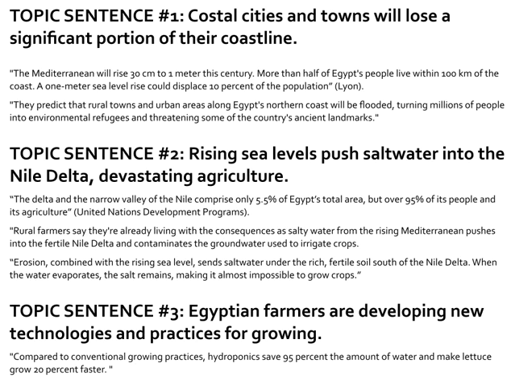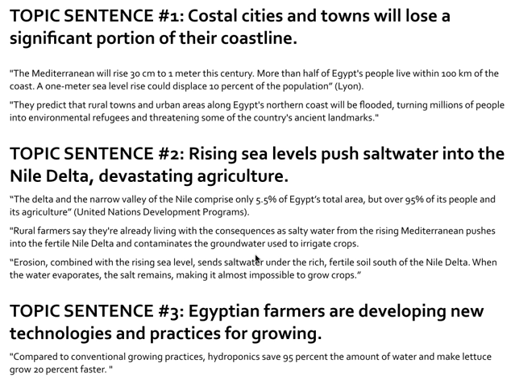Topic sentence 1. "Coastal cities and towns will lose a significant portion of their coastline." I've chosen 2 pieces of evidence that strongly support that topic sentence. Topic sentence number 2. "Rising sea levels push saltwater into the Nile Delta, devastating agriculture." Here I've actually chosen 3 because that's what I had.